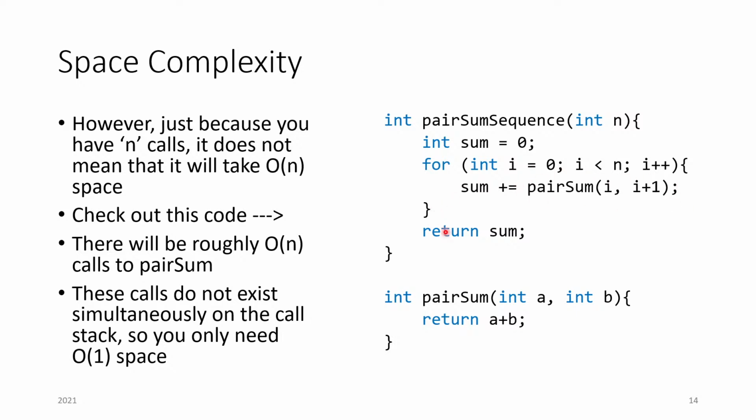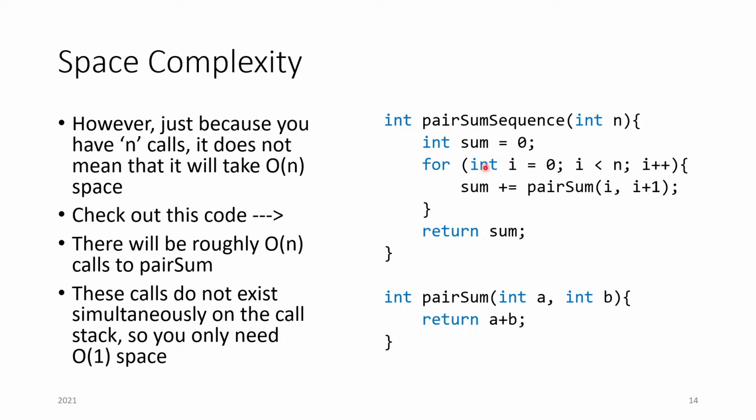On the next iteration, it uses back the same memory location, for lack of a better analogy, that was previously allocated to pair of sum. It just reallocates it. So it never adds more memory, it just keeps on reusing the same memory for each one of those function calls. And that's why it's only going to take O of one space.